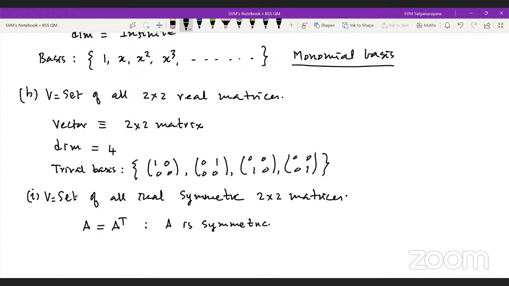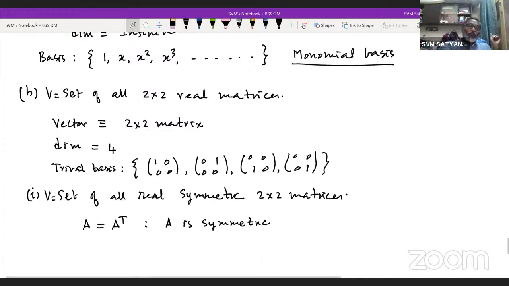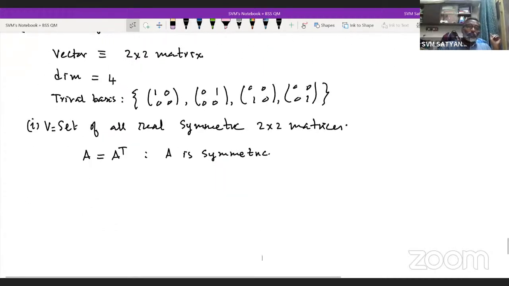So what will be a general 2 by 2 real symmetric matrix? How does it look?